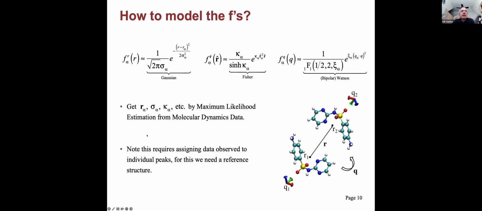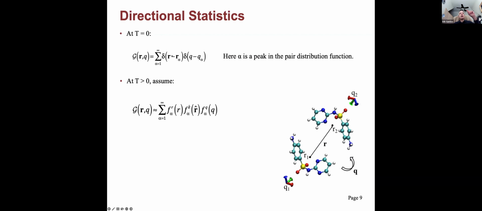One problem, and this is a note that I'm making at the bottom because we're going to come back to this, is that this requires assigning the data observed to individual peaks. So when I have this index alpha here, I'm saying I have what I call peak number 1, peak number 2, peak number 3, and so on. Let's say those are the ones at 0 Kelvin.